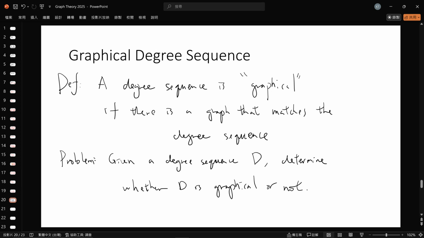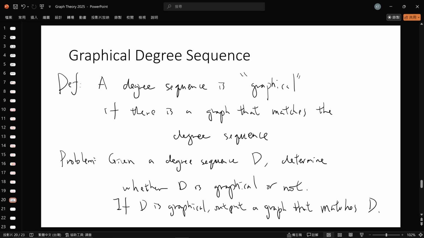And also, if D is graphical, output a graph that matches D. So I think here the keyword is graphical. If you want to Google some additional information about this problem, just Google graphical degree sequence.